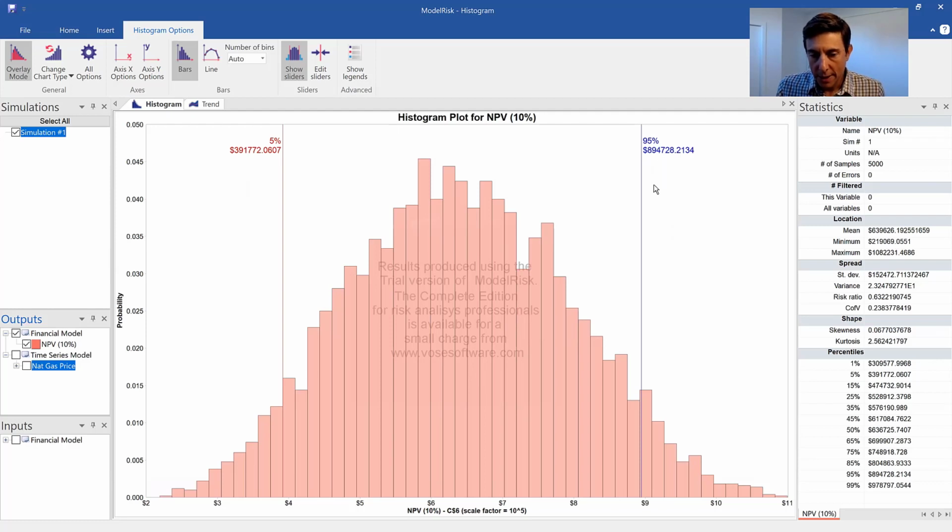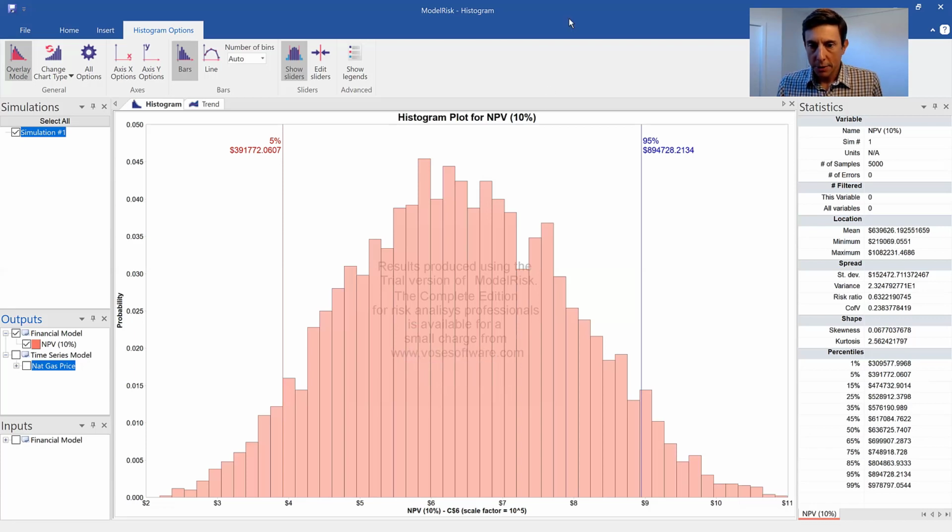So we can say we are highly confident that the project will have a positive net present value, but we're also communicating the key risks of this model, as well as the volatility, and this is important for planning purposes as well.